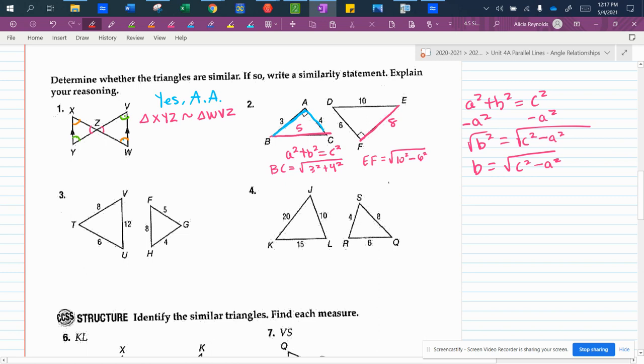So now I have two sides with an included angle, yes? So I need to check, is AB proportional to DF? Is AC proportional to DE? If I look, 3 to 6, 4 to 8, does that feel proportional? Yes.